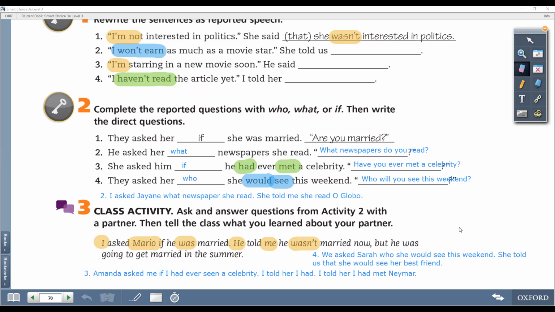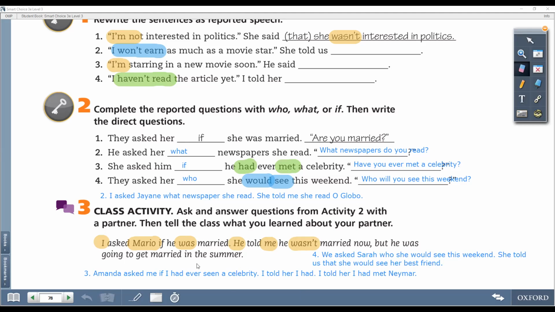Okay. All right, people, let me save this. Can I clear the annotations? Yes?